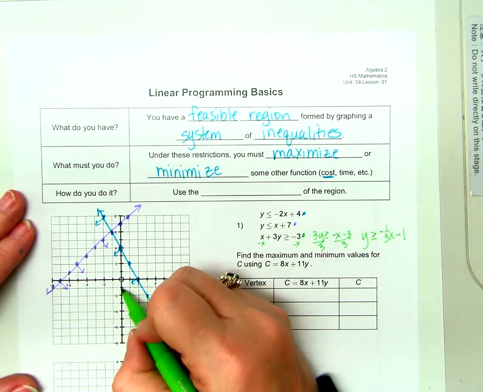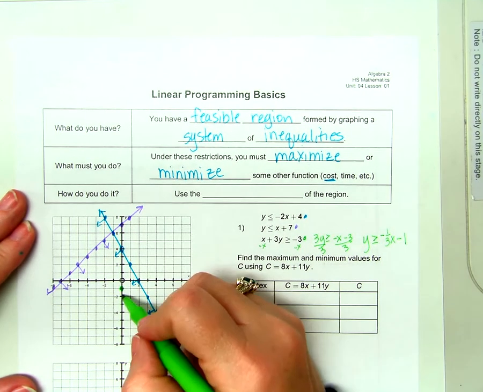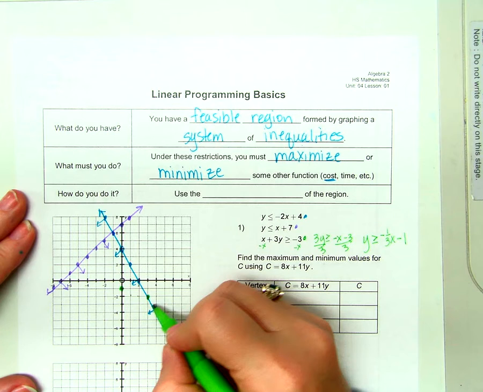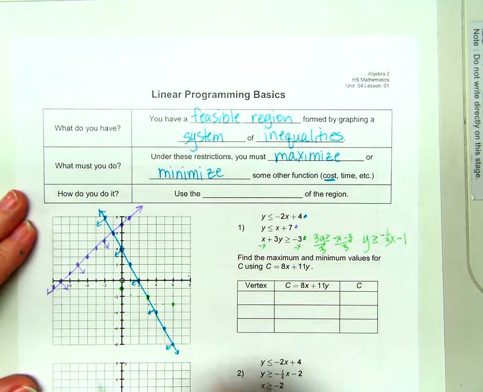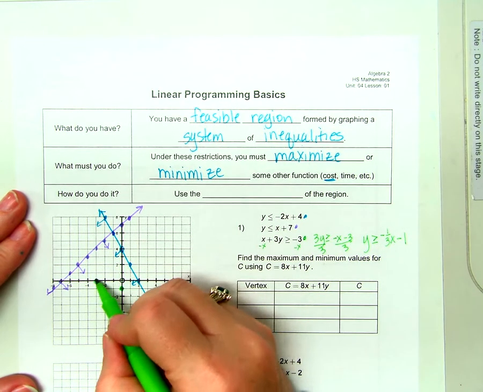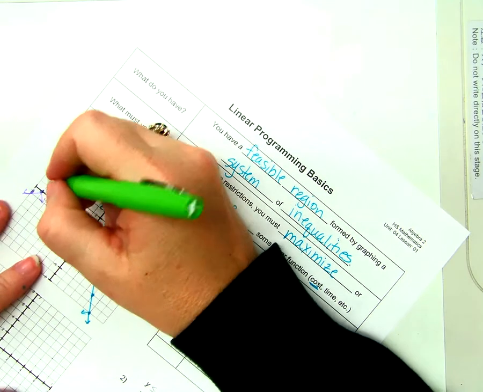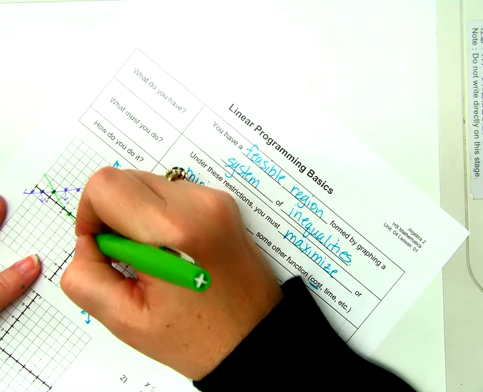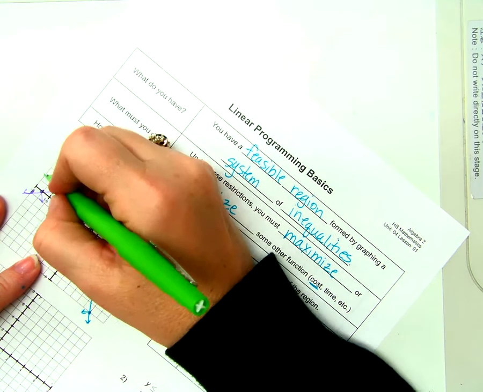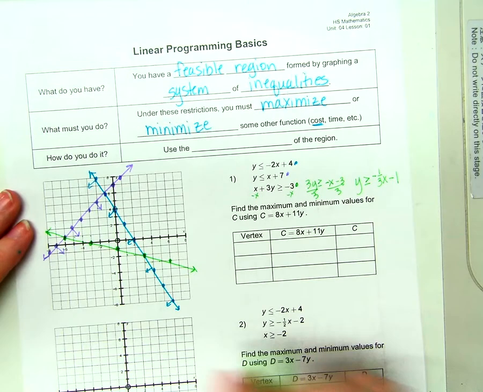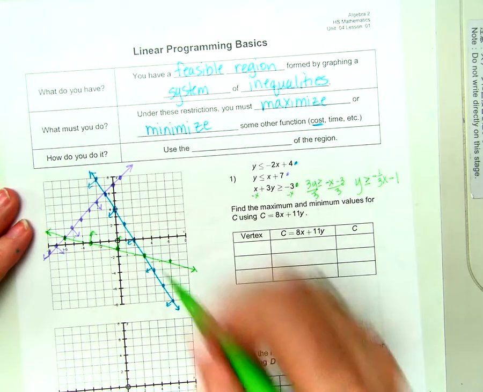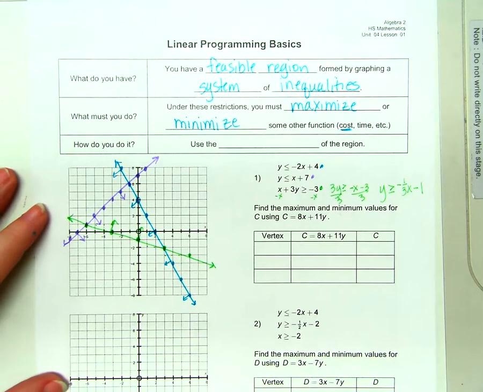So I go down 1, and then down 1, right 3. Or up 1, left 3. Again, it's a solid line. This time I shade above because it is greater than.